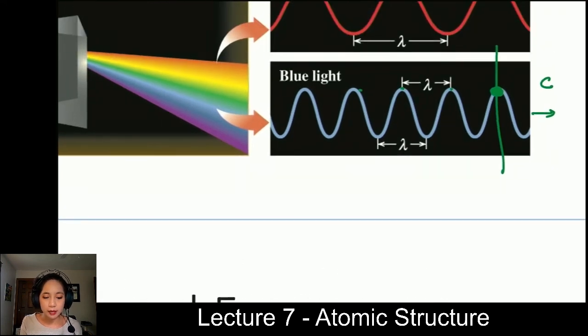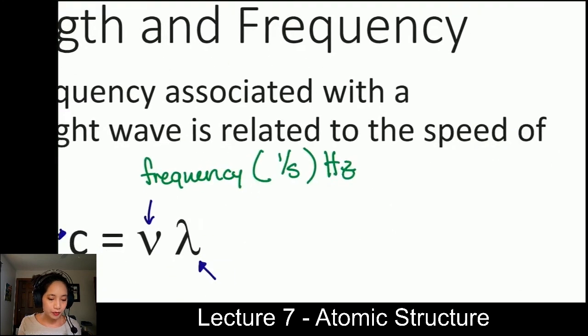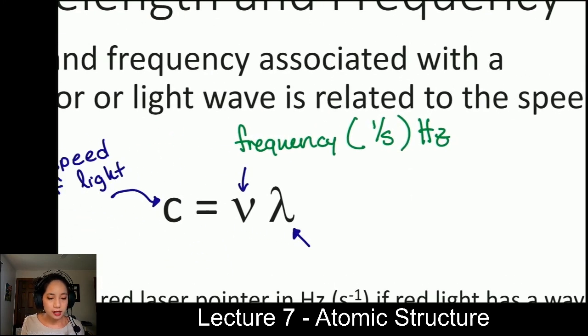How many times one of these crests passes a certain point in space. So it's essentially per second. This is how many crests per second pass a certain point when that wave is moving at the speed of light. So nu is our frequency.